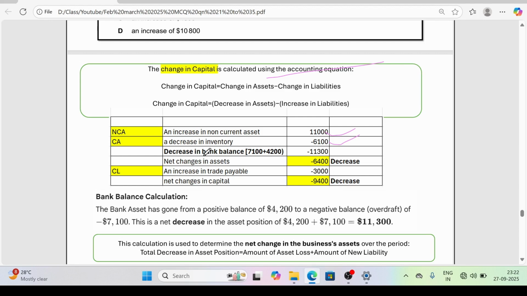So what is the asset? The asset now decreased, right? Minus 6,400. Reason: our non-current asset is only 11,000, then inventories decreased and the bank balance also decreased. Totally a negative balance, 6,400 is decreased.